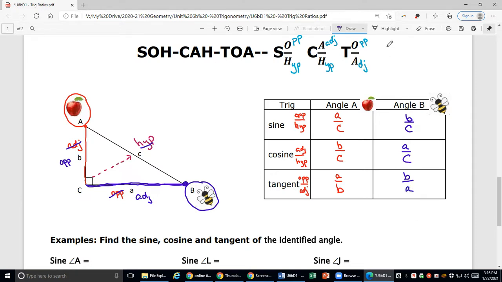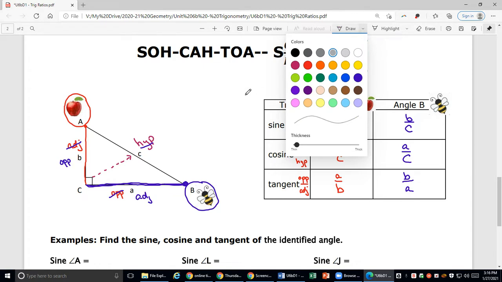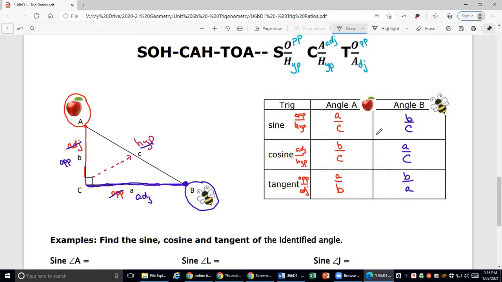So the sine of angle B is the ratio B over C. The cosine of angle B is the ratio A over C, and the tangent of angle B is B over A. What's kind of interesting is when you look at the figure, you're going to see that for angle A and angle B, the sine and the cosine kind of just switch places.